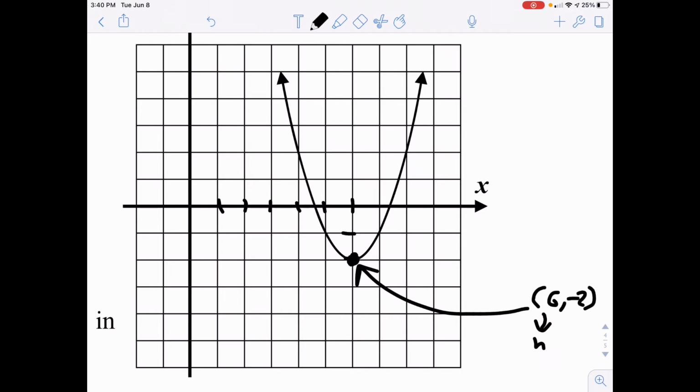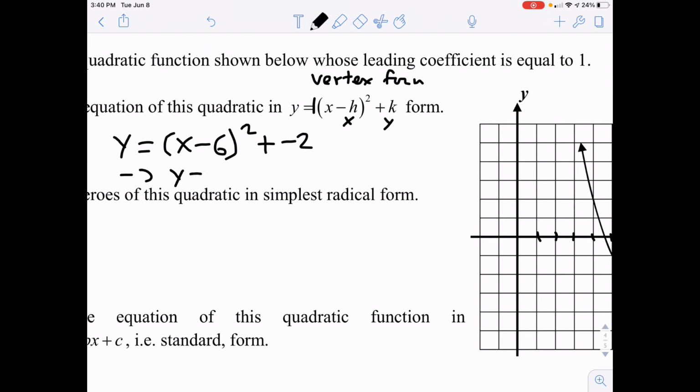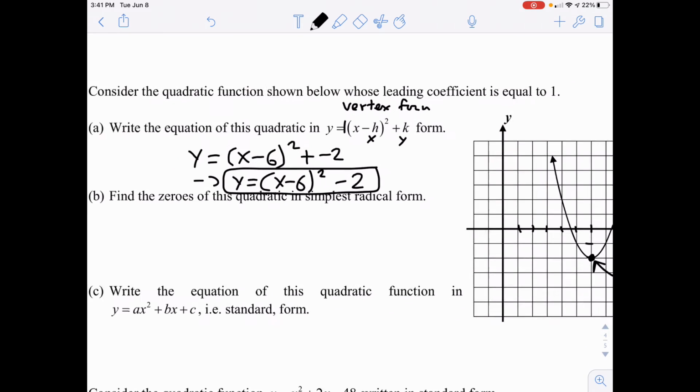So there's my H, and there's my K. The equation would be y equals 1, we have a leading coefficient equal to 1, so 1x squared, or simply x minus 6, quantity squared. 6 is my H, plus a negative 2. Now I would just rewrite this as y is equal to quantity x minus 6 squared minus 2. That will be my equation in vertex form.